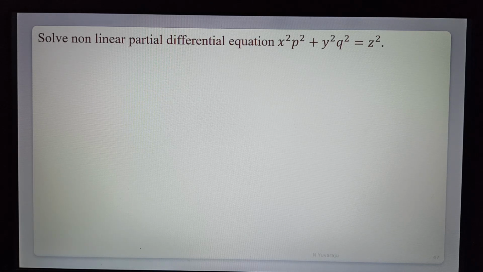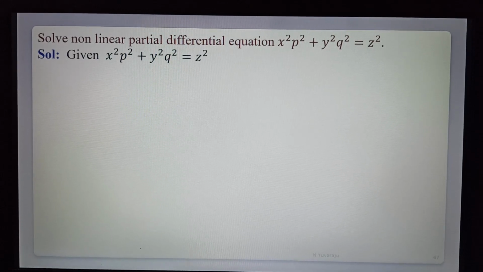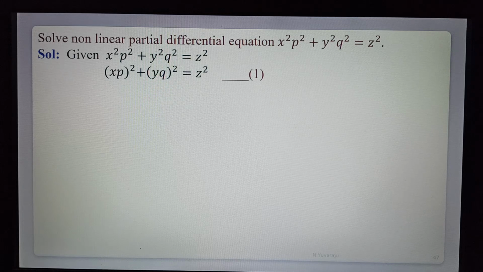Solve the nonlinear partial differential equation x square p square plus y square q square is equal to z square. This is the given equation, which is converted to the type 1 form, that is x power m into p, y power n into q, which can be written as (xp) whole square plus (yq) whole square is equal to z square.